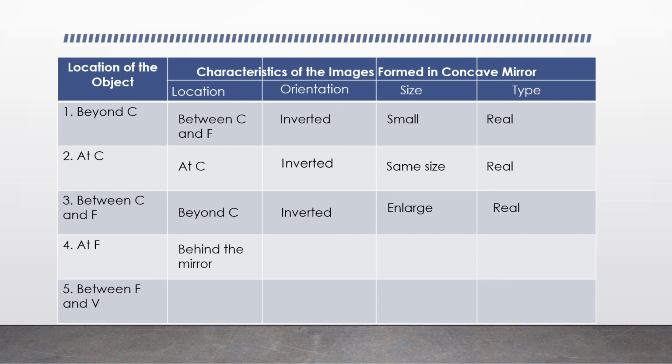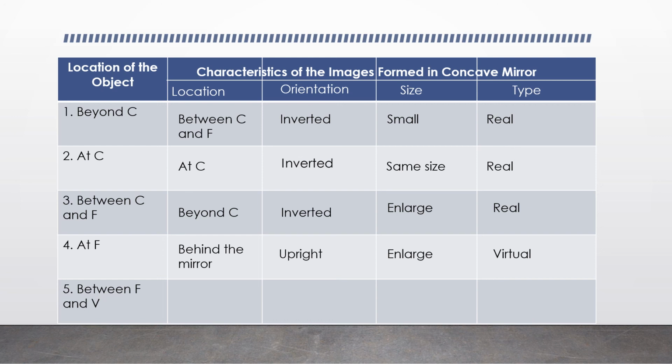Okay, the location of the image is behind the mirror, the orientation of the image is upright, the size of the image is enlarged, and the type of the image is virtual. Virtual because the image formed does not form on a real screen.